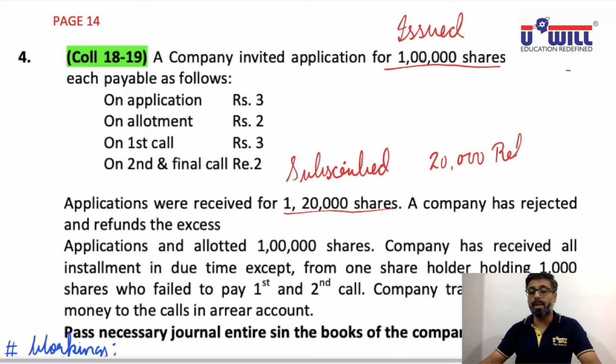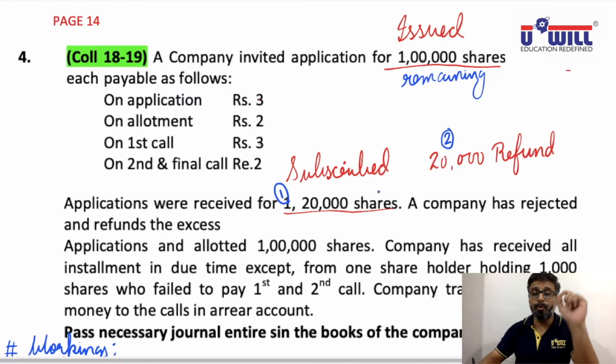Now here all of you will remember one trick, and in all the questions you can follow that shortcut method. First entry you pass with 1,20,000 shares. In second entry you do refund with 20,000 shares, and remaining all entries you pass with 1 lakh shares. This you can follow in all the questions. Whenever there is oversubscription, first entry, which is receipt of application money, you pass with 1,20,000 shares because 1,20,000 applications were received.